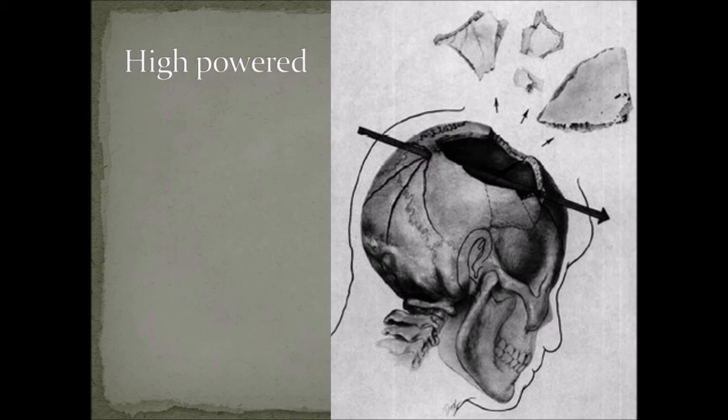Number one, the Mannlicher carbine, which Lee Harvey Oswald used, is a very high power rifle. I showed you that image of that bullet in the middle. It's a large bullet coming from a lot of power. It's a big chunk of lead going at a very high velocity. It's imparting a lot of explosive force. So what's happened here is, first of all, it penetrates the wall of the skull.